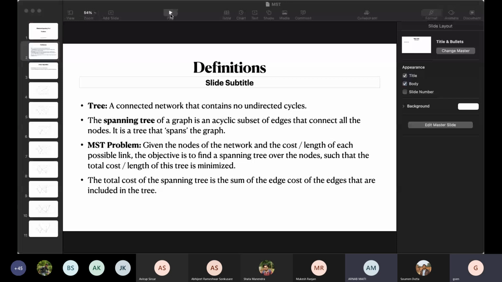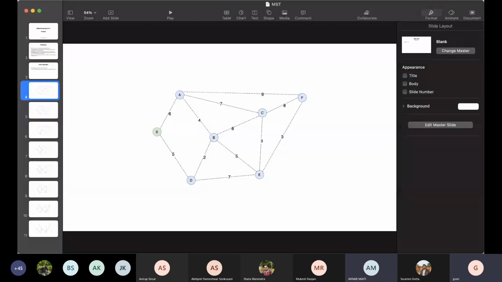I suggest one thing, Soman, attach the PPT here in the chat, let Arnab download it and share it. There's some time lag. Okay, sir, now it is visible. But you can share, otherwise this issue will remain. I'll put it in the chat.